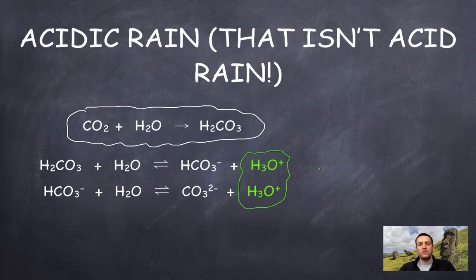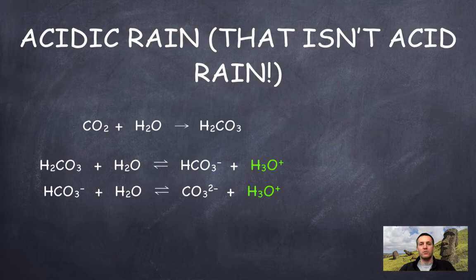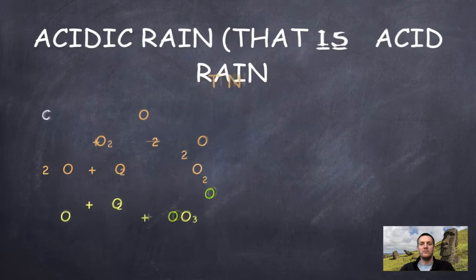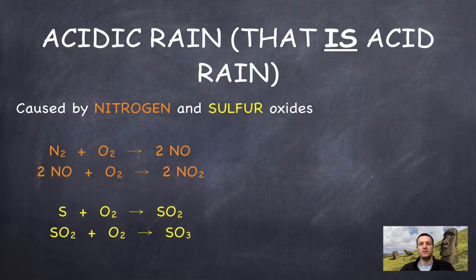Now, having said that all rainwater is acidic, let's have a look at what we mean by acid rain. Acid rain is rainwater that is so acidic that it's more acidic than carbon dioxide could have made it on its own. Right? Now, how could rainwater have become more acidic than that? Well, it might have dissolved some other non-metal oxide, and in particular, we're going to look at the oxides of nitrogen and sulfur.